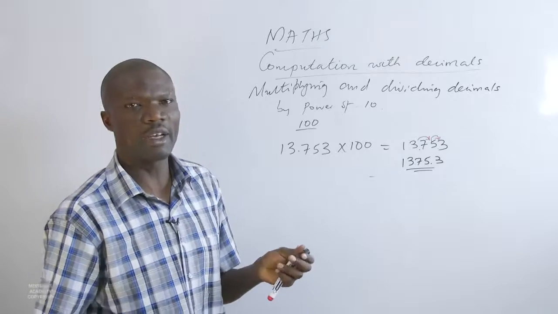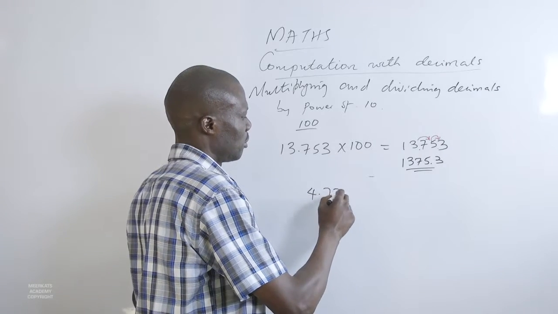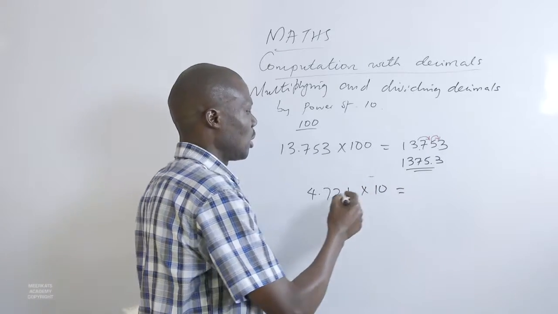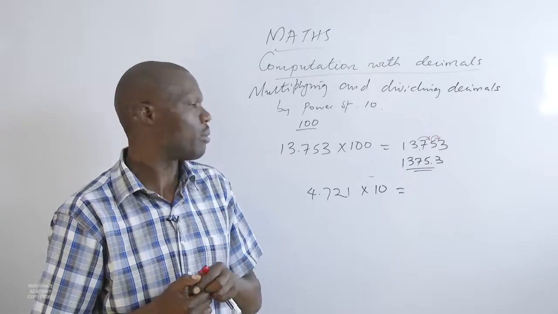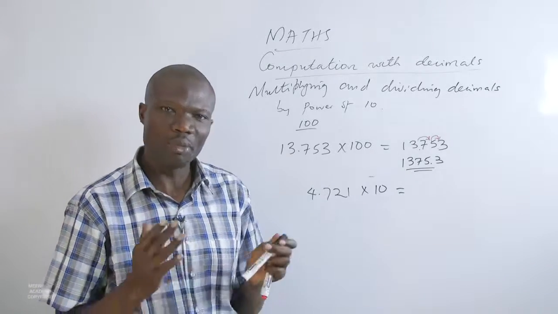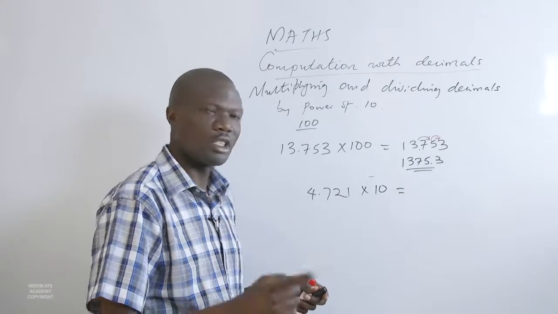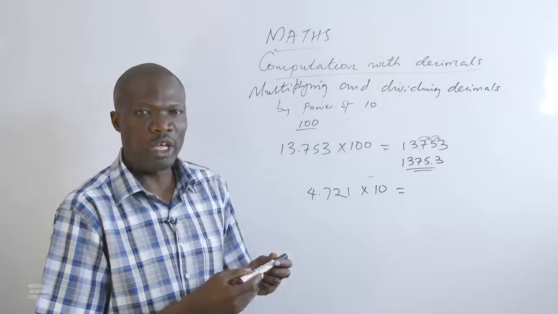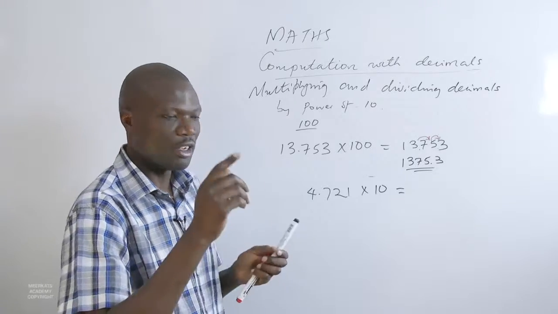Let us take another number. This is 4.721 multiplied by 10. How many zeros does 10 have? It's only 1 zero. If it is 1 zero, then we expect that this decimal point will move how many steps to the right? 1 step.